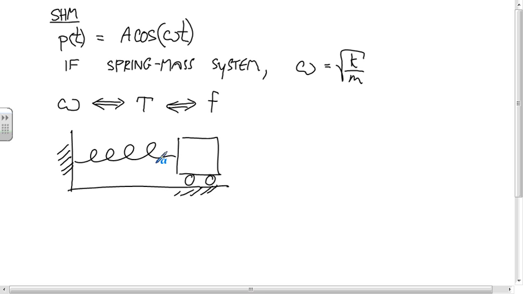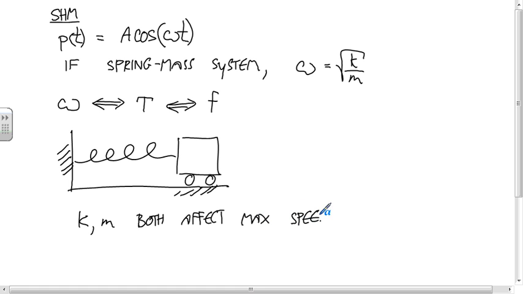And maybe not quite as obvious, but this is also true. The less mass the thing has, the faster it's going to get going because it's easier to accelerate. The spring's applying a force to something with less mass. So K and M both affect the max speed.